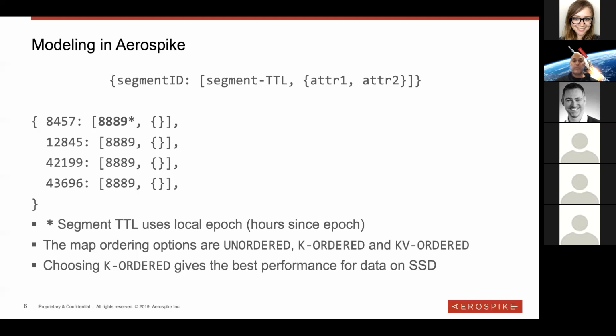The map key would be the segment ID, and the map value would be a list, where the first element of the list is the segment TTL, because one of the things they want is for things to expire, because there are some segments that are temporary. Like geography changes more than, say, my taste in music.